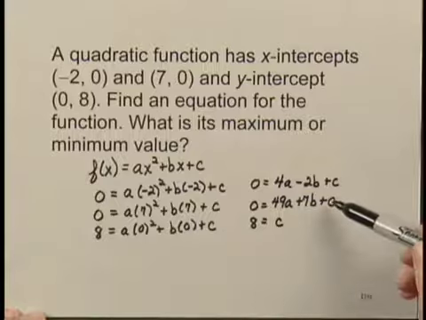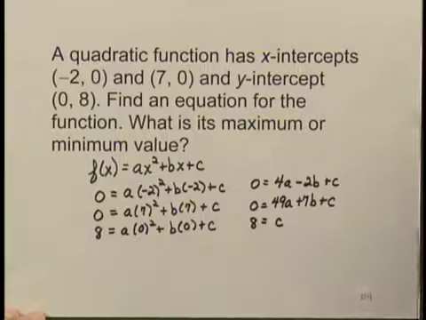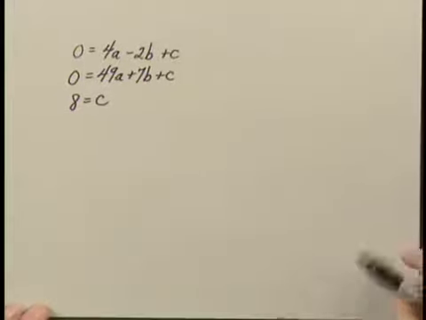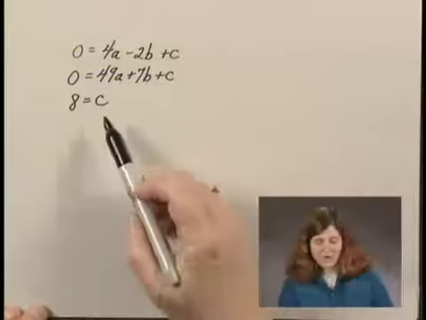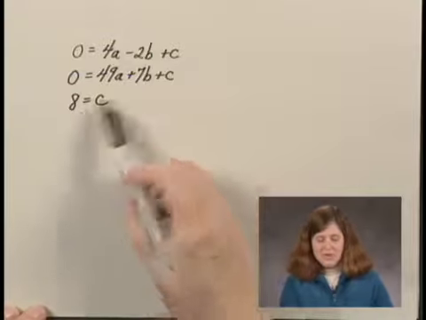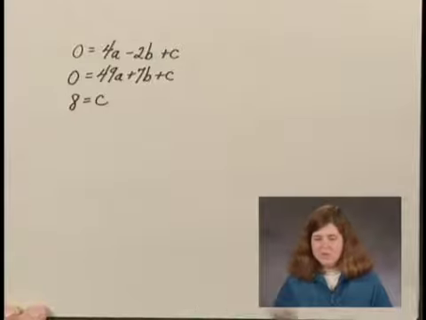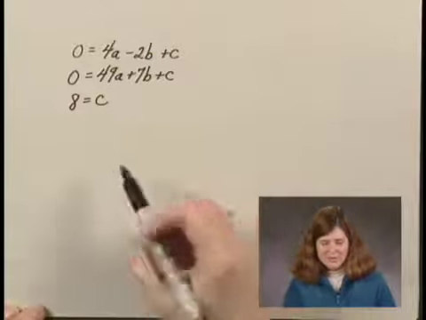What I have now is a system of 3 equations in 3 unknowns that I can solve to find values for a, b, and c. Since I know from the third equation that c is 8, I can immediately substitute 8 for c, and then I'll only have to solve a system of 2 equations in 2 unknowns.